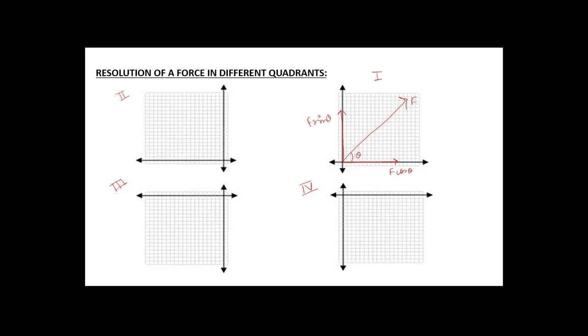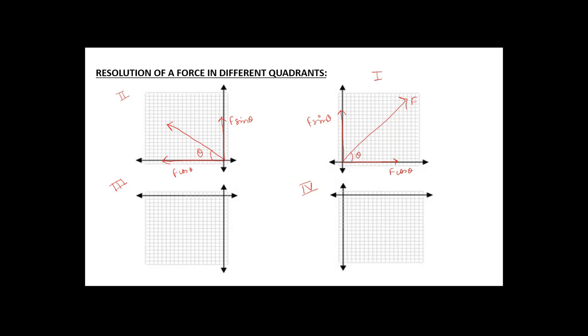If the force is acting in the second quadrant, making an angle theta with the horizontal axis, this will be F cos theta and this will be F sin theta.